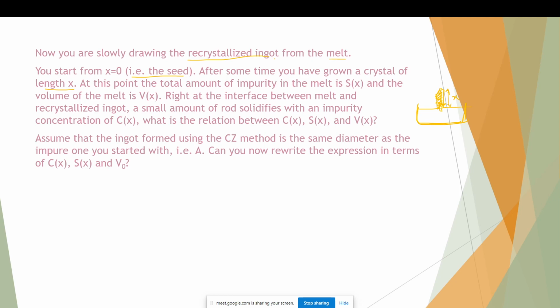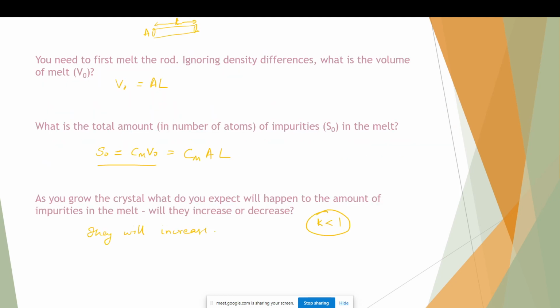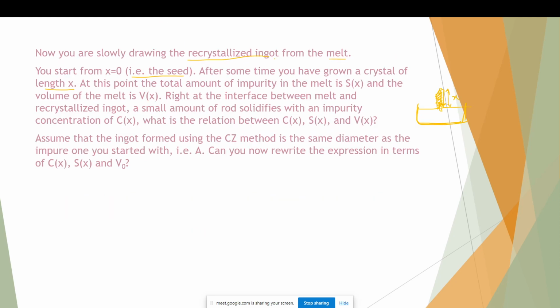We had first calculated the total amount of impurities in the melt. Now, since we have removed some of the solid, this S naught would have increased. So let me call that S naught as some S of x. Total amount of impurity in the melt.